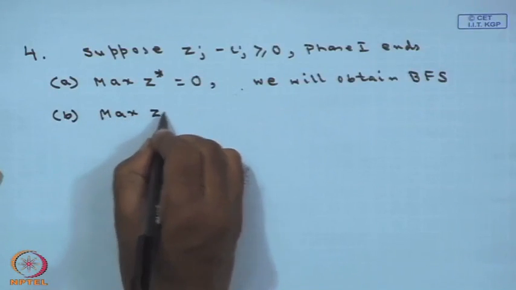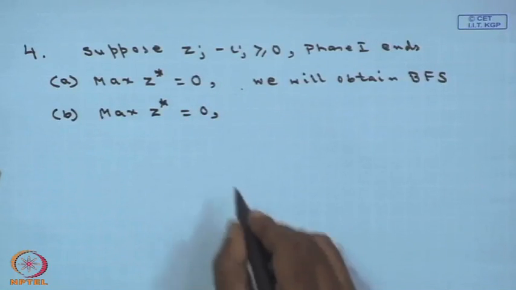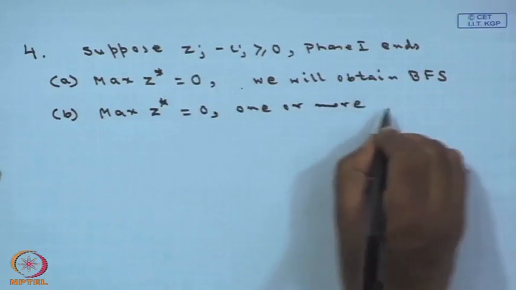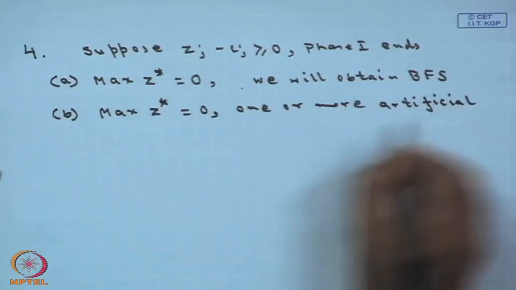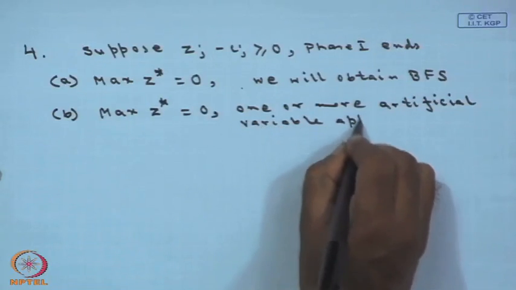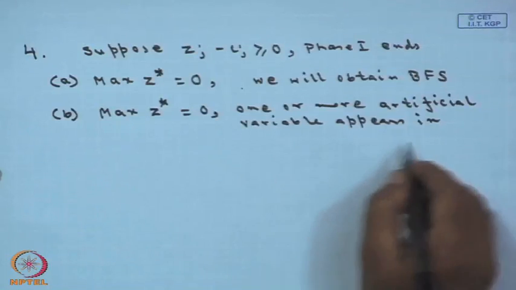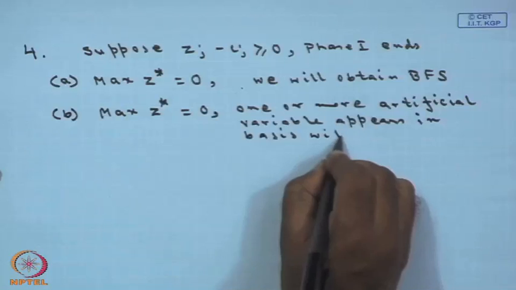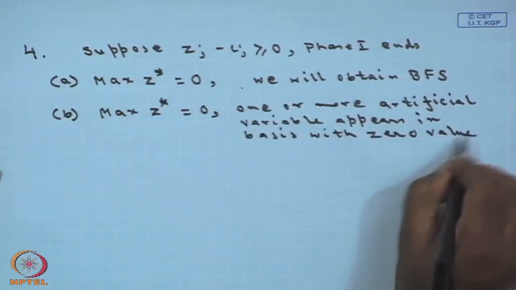Another case may occur: maximize Z star equals 0 and one or more artificial variables appear in the basis with, please note this one, 0 value.